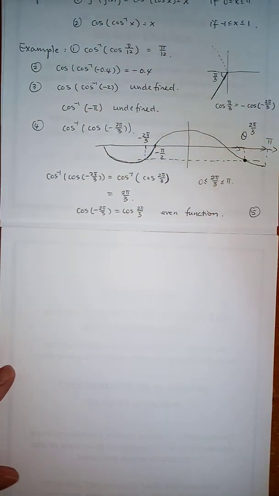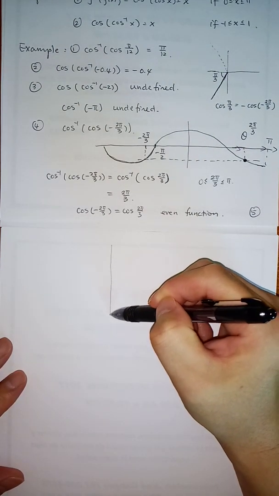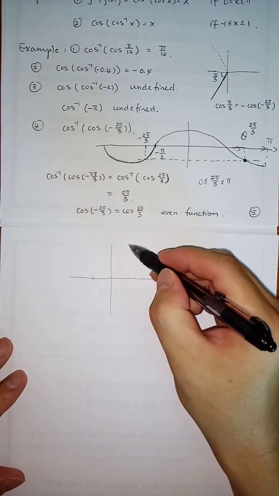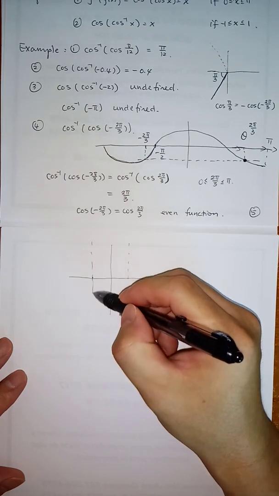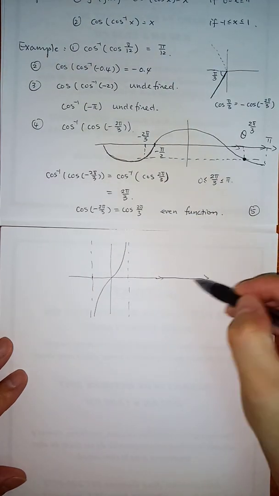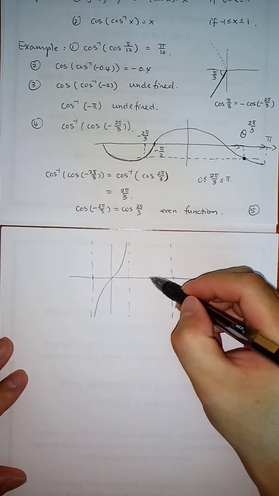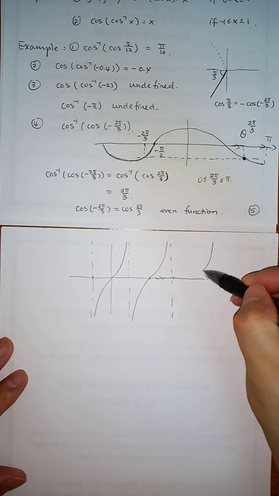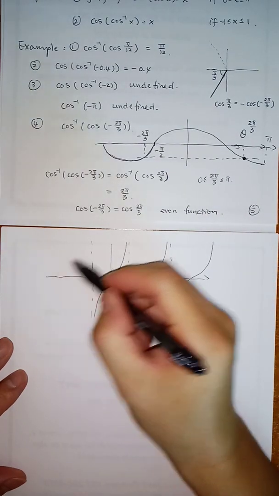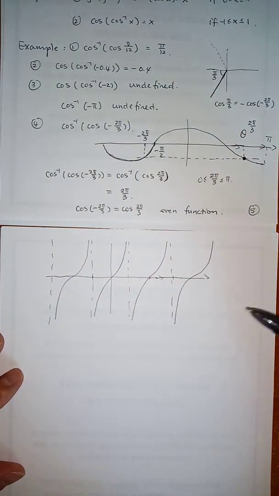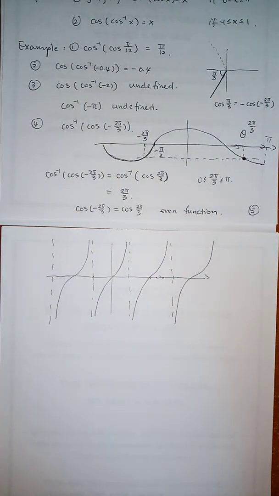We studied the inverse sine and inverse cosine. Let's study the inverse tangent. The tangent function has a graph like this, and it naturally has a lot of branches.